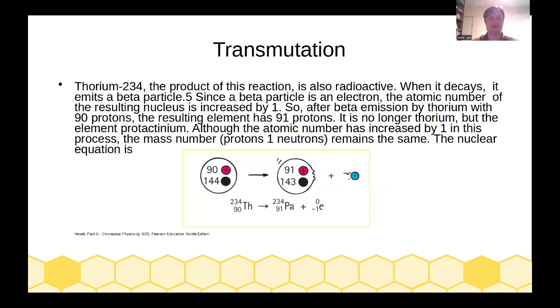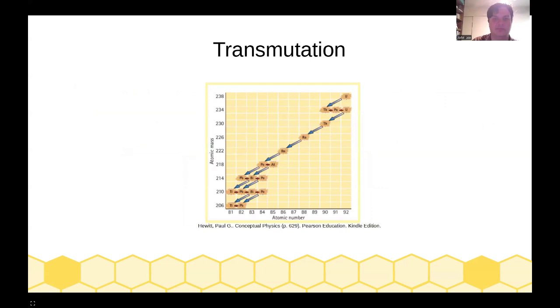The nuclear equation is thorium-234 goes to protactinium-234 plus 1 electron. Doing this, you can have different atomic numbers with different numbers of atomic mass by alpha decaying and beta decaying.